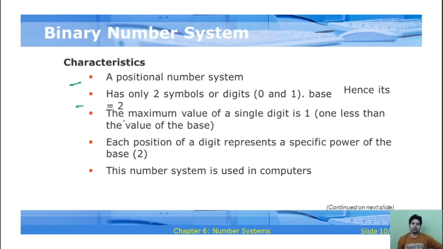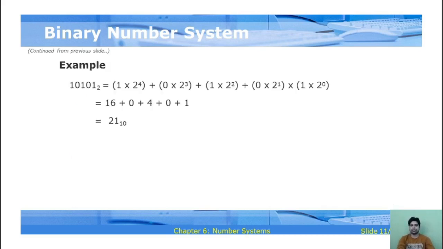The maximum value of a single digit is 1, which is 1 less than the base. Each position of a digit represents a specific power of the base 2, and this number system is used in computers, and computers work on binary, that is 0 and 1.